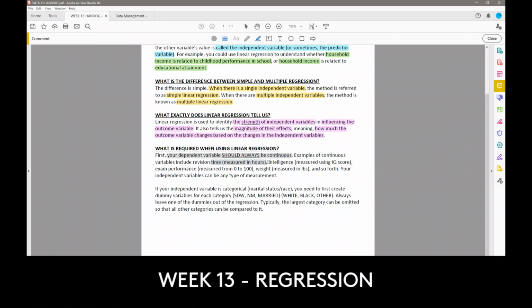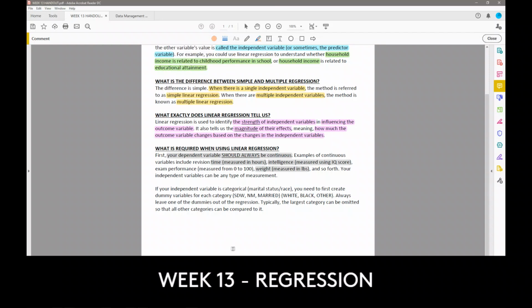If you're using a measure of intelligence that is measured using IQ score, that's a continuous measure. Weight measured in pounds is also continuous. Some of the more classic continuous examples that we used in class were age, educational attainment, and income in actual dollars. So again, when you are using linear regression, your dependent variable needs to be continuous. No ifs, ands, or buts.